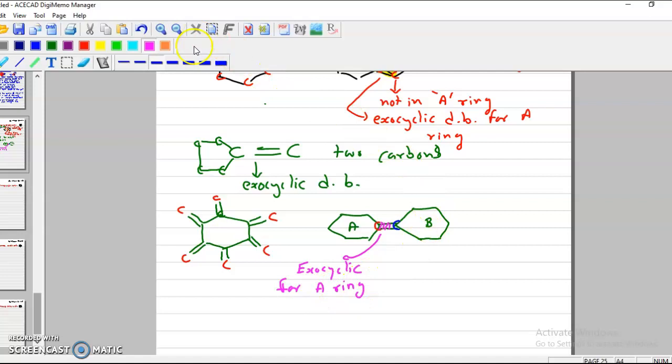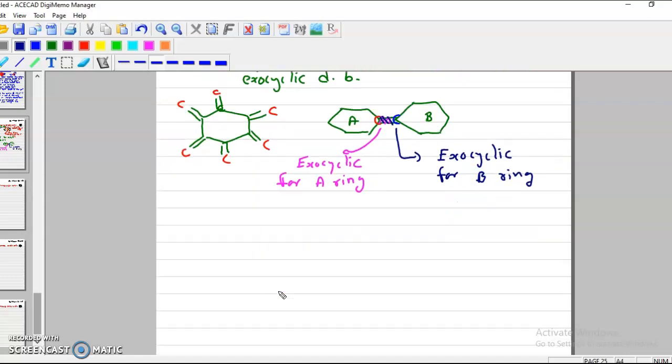Similarly, when you consider B ring, then the blue carbon is in B ring, but the red carbon is not part of B ring. That means the same double bond is exocyclic for B ring. So this is the second time exocyclic double bond. It is the same double bond, but it is exocyclic for B ring. So similarly, you will find one double bond may be exocyclic for more than one ring.